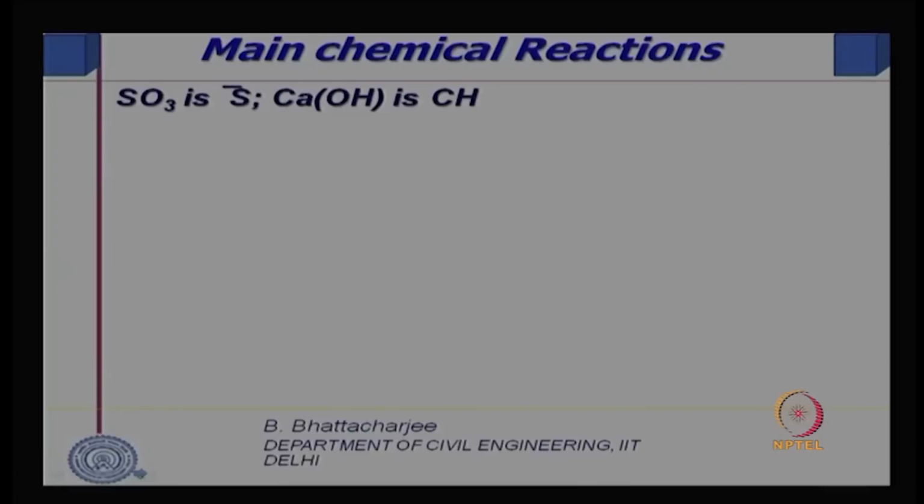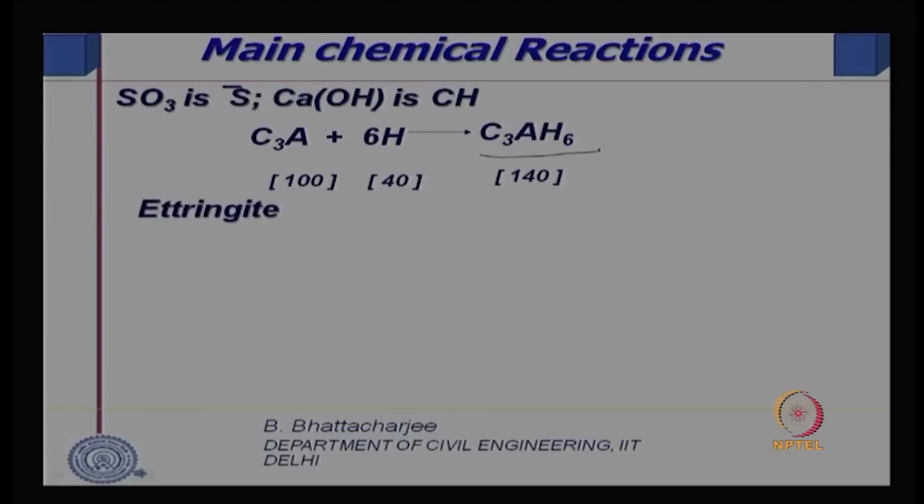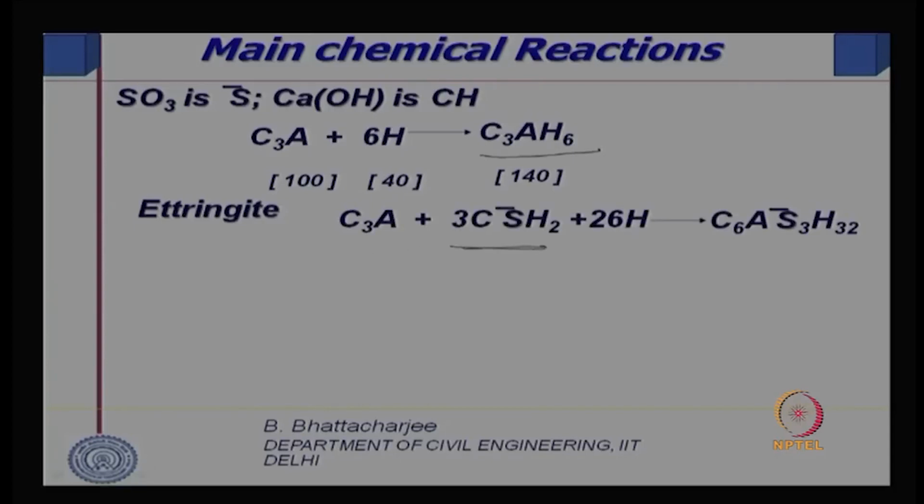The next important chemical reaction is of course C3A reacting with 6 water, forming calcium aluminate hydrate, C3AH6. This is the typical reaction. But one more important reaction is that of C3A with calcium sulphate with water of crystallization.